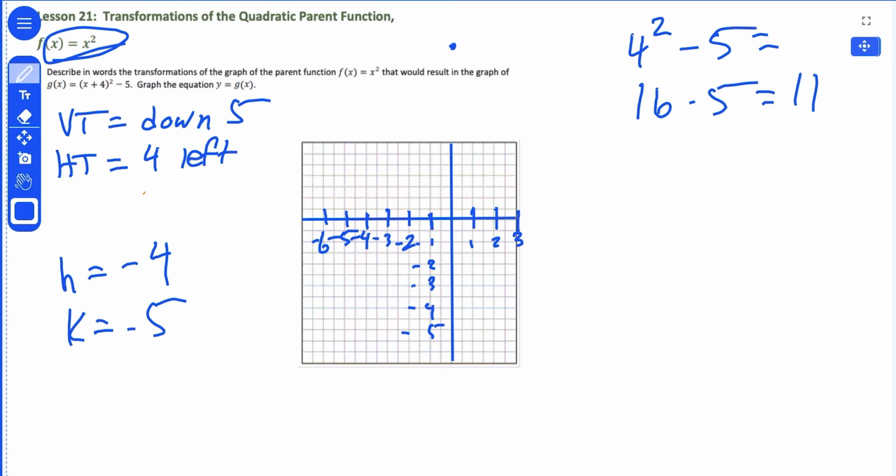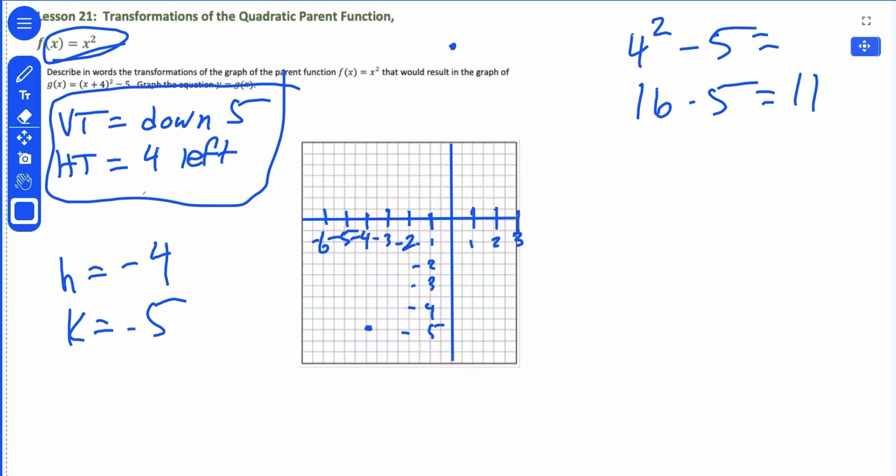Negative 4, negative 5. Okay. Everybody see that? If I just do what I've said right here, I can move my vertex to its new resting place there.